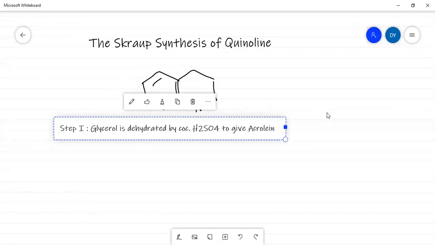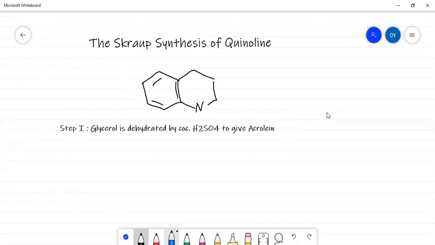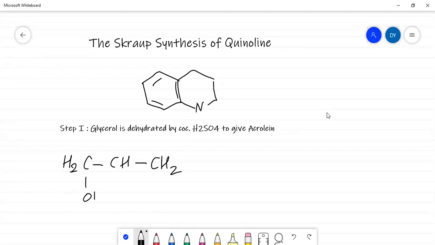So these three things we should know to understand this step. So first I draw the structure of glycerol. As I told you, glycerol contains three hydroxide groups, three OH groups, OH number 1, number 2 and number 3.